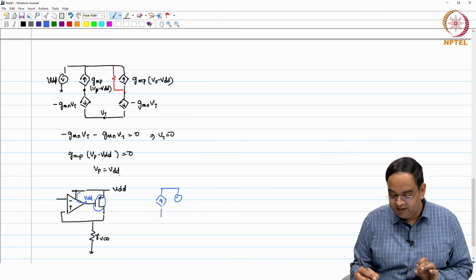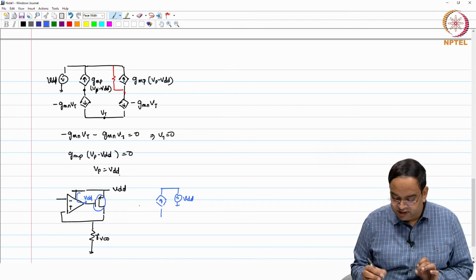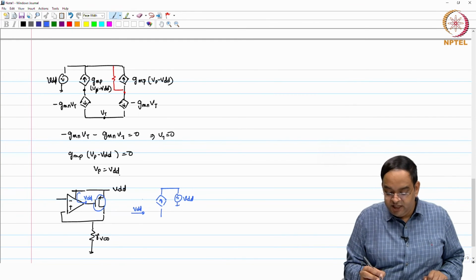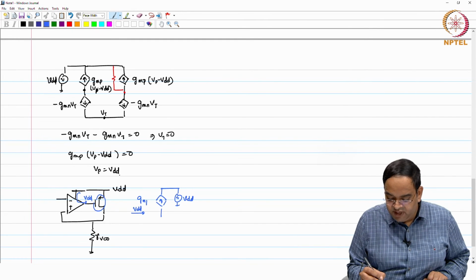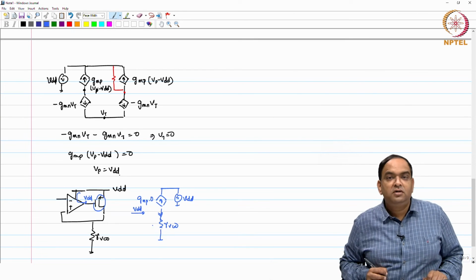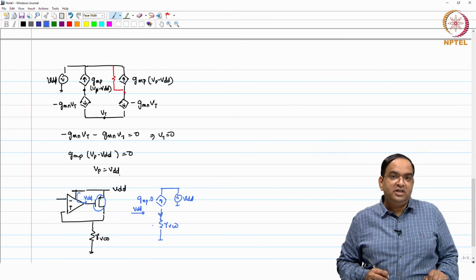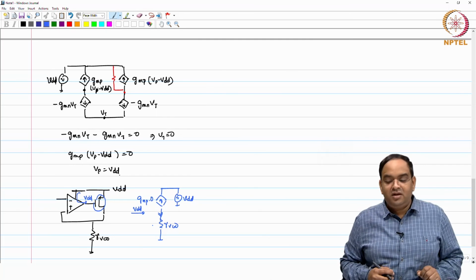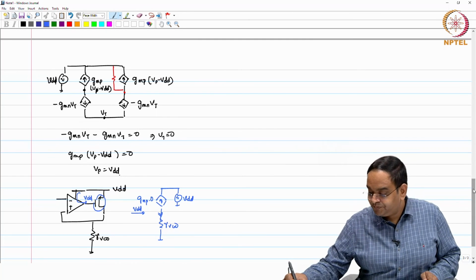Here we are applying a supply noise, which is VDD. The gate terminal of the PMOS transistor also somehow gets to VDD. So, GMP times 0, ideally it will not add any noise current to the oscillator. So, ideally it seems to be a good choice.